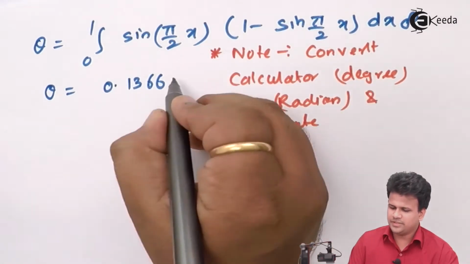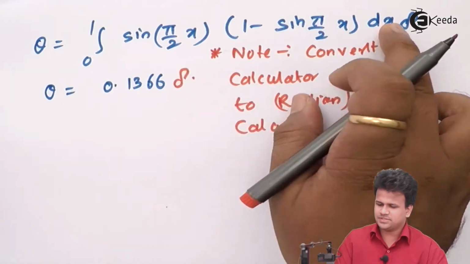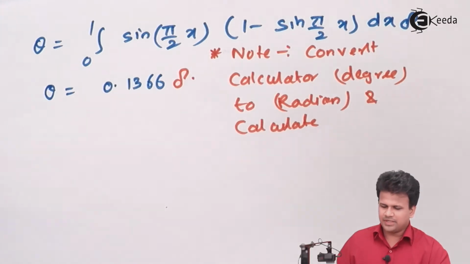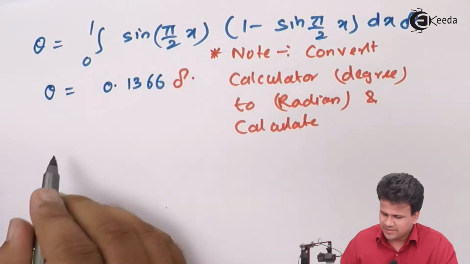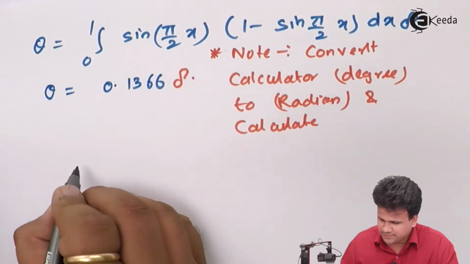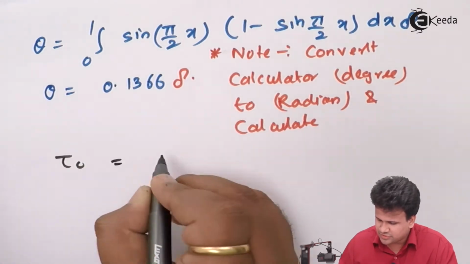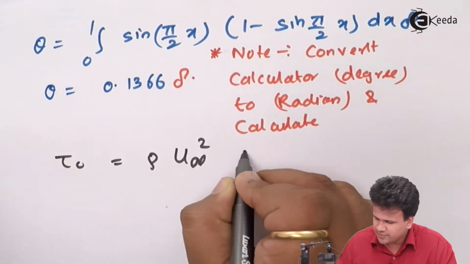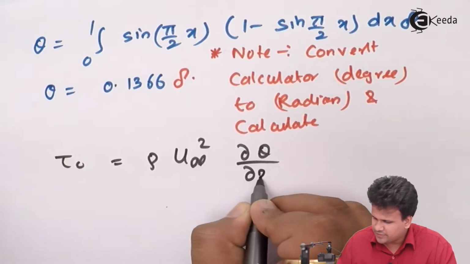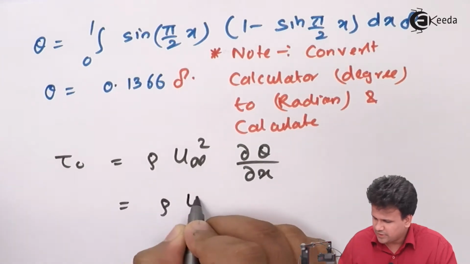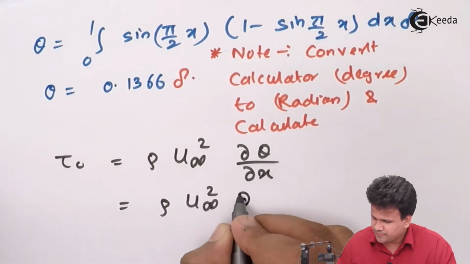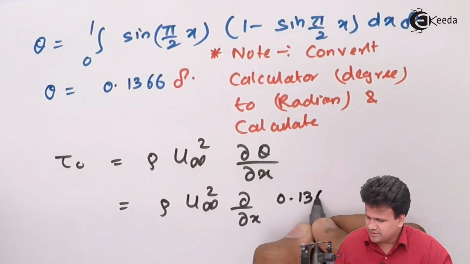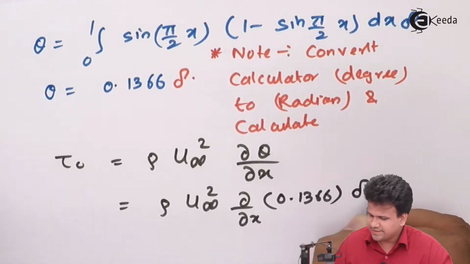So we have got this times delta, since this is the integration we have substituted, and delta is the boundary layer thickness. So now let us substitute in this von Karman's equation. So tau is equal to rho into u infinity square dou theta by dou x. So this is rho into u infinity square dou by dou x of theta, that is 0.1366 times delta.